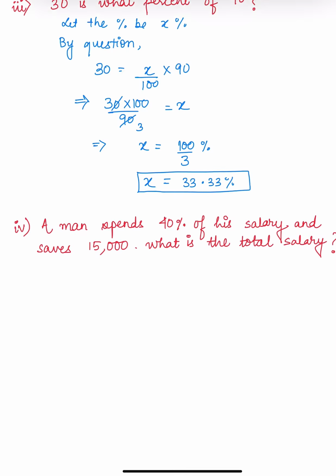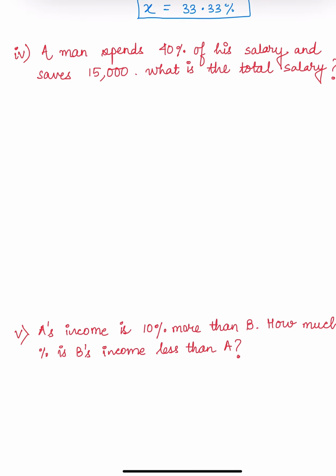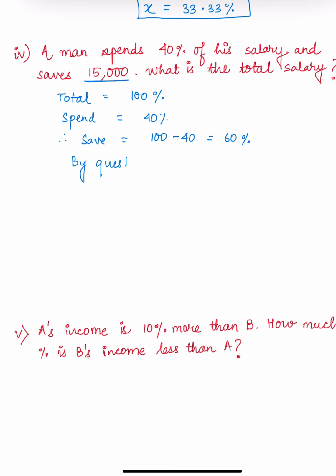The next is, a man spends 40% of his salary while saving 15,000. The total of anything is always 100%. Now you are spending 40%, so how much do you save? 100 minus 40, that is 60%. Now it is given that the saving is 15,000.